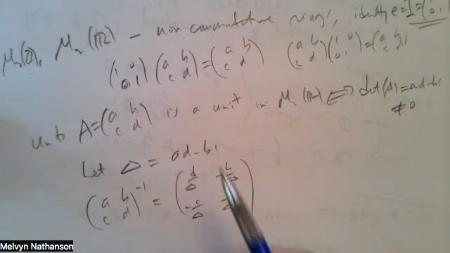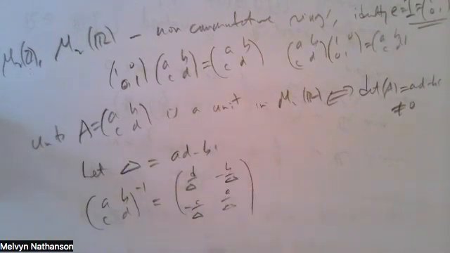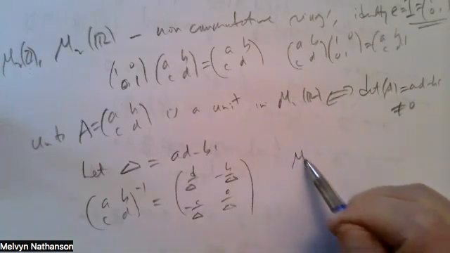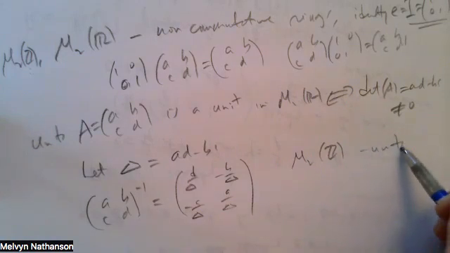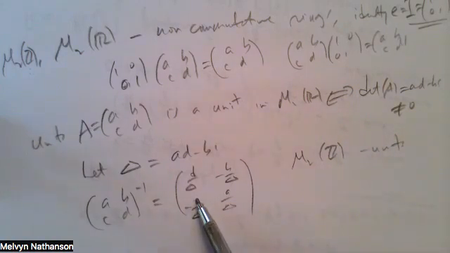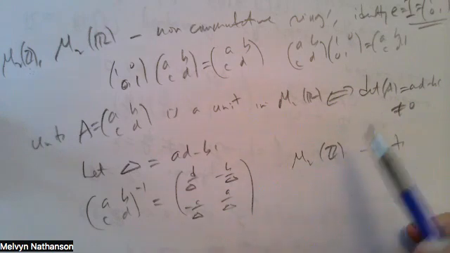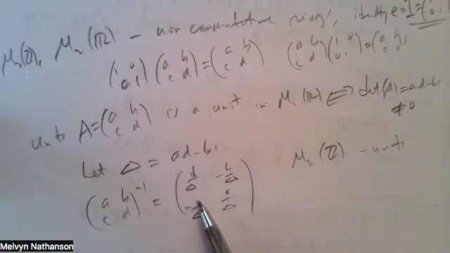So the units in this matrix ring are the matrices with a non-zero determinant, which you're dividing by. In M2 of Z, the units, well, you can't divide in the integers generally.